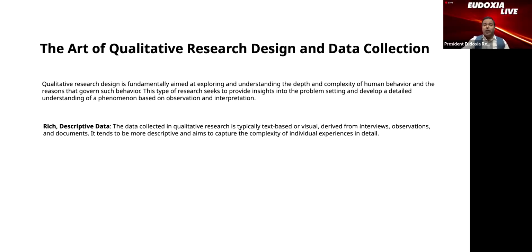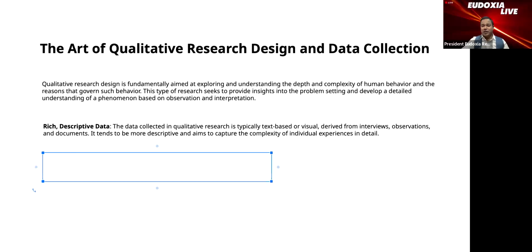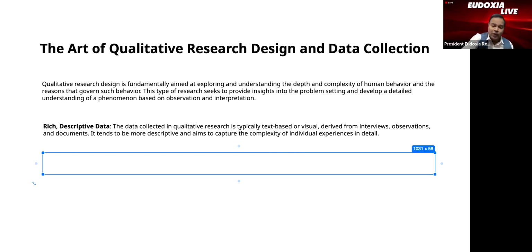So the next point: whenever you are conducting, say, an interview or focus group, or making your questionnaire, process orientation is very important in qualitative research design. So what is process orientation? I would like to explain it to you. These are very important points you need to follow while adopting qualitative research design.